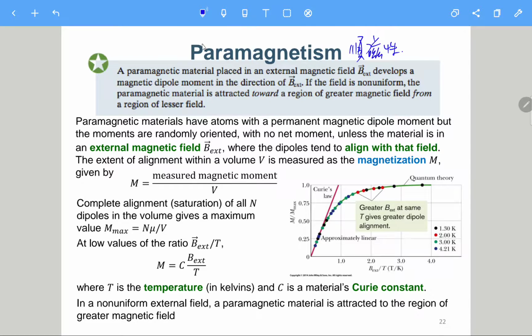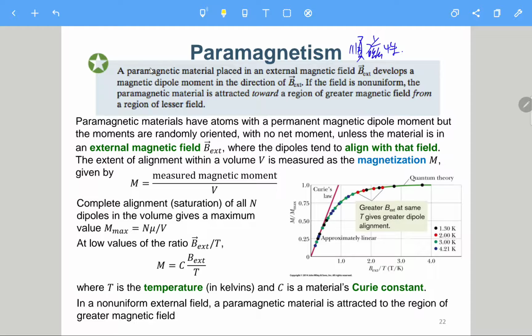So a paramagnetic material placed in an external magnetic field develops a magnetic dipole moment. If the field is non-uniform, the paramagnetic dipole is attracted towards the region of greater magnetic field from a region of lesser field.